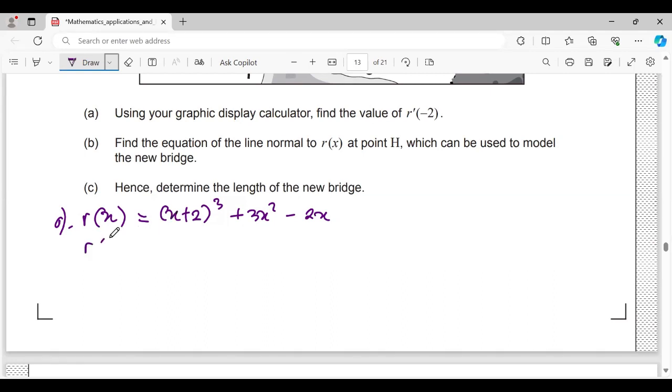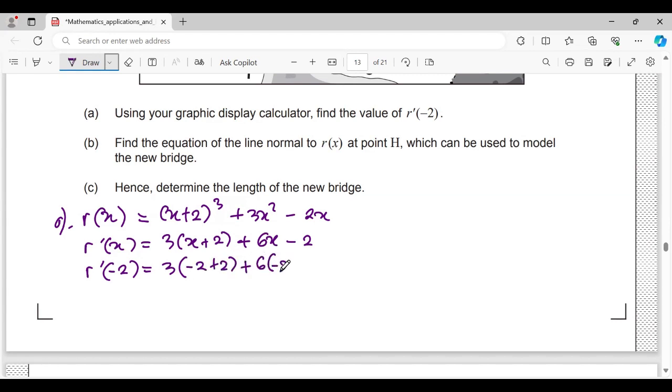So the derivative is 3 times (x plus 2) squared times 1, because the derivative of x equals 1, plus 6x minus 2. If we substitute -2, it becomes 3 times (-2 plus 2) squared plus 6 times -2 minus 2, which equals 0 minus 12 minus 2, which is -14.